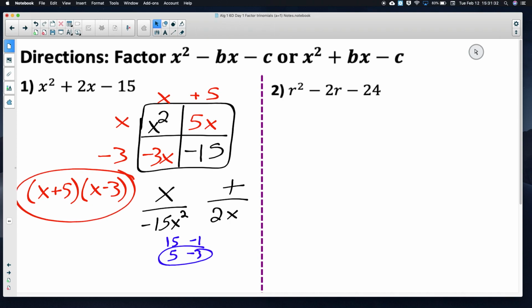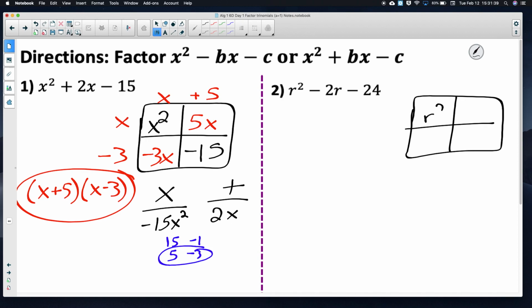And last but not least, standard form quadratic. Create a box. R squared in the top left, negative 24 in the bottom right. So they need to multiply together to give me negative 24r squared, and they have to add together to give me negative 2r.